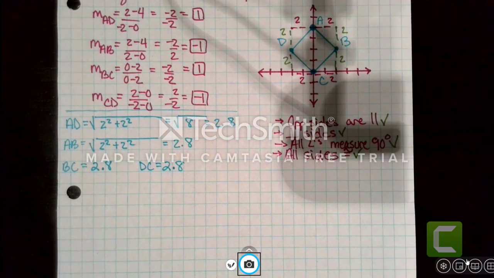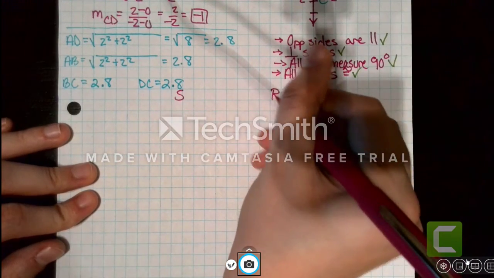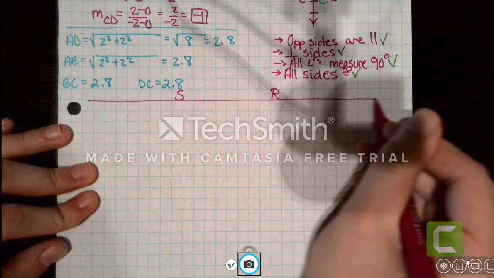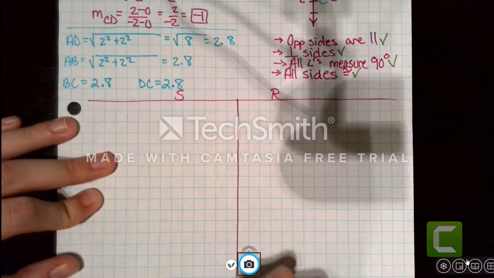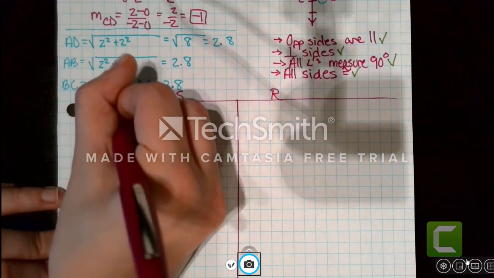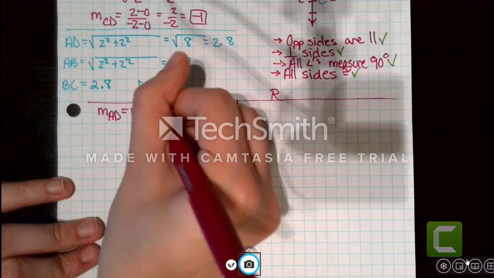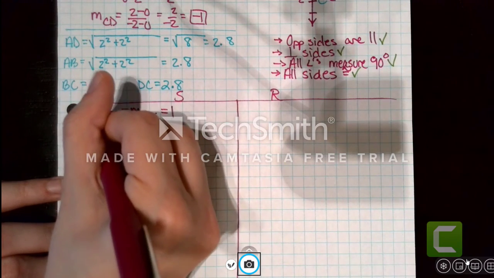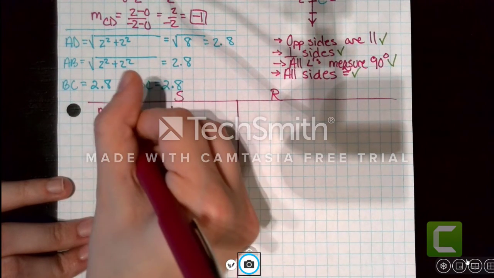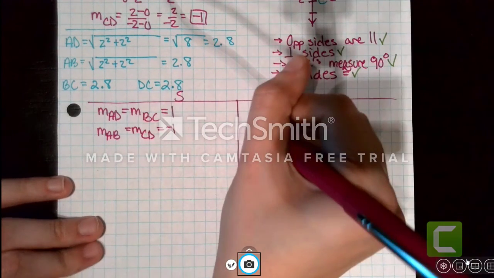Now that we've proven all of these about the shape algebraically, we need to write the formal proof. Below your notes, draw your statements and reasons chart. And to start, we'll begin with our slopes. That slope AD is equal to slope BC, which is equal to 1, and that slope AB is equal to slope CD, which is equal to negative 1, by the slope formula.